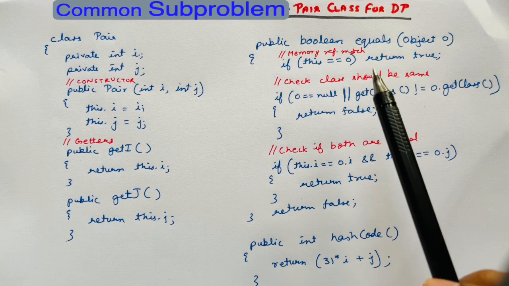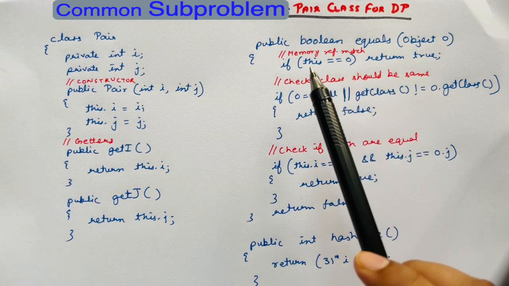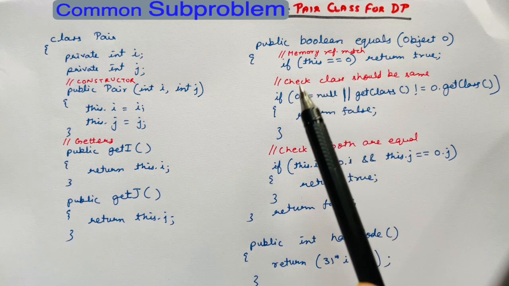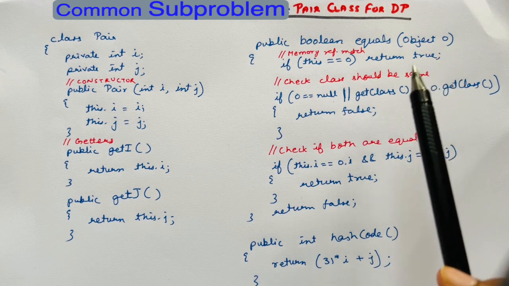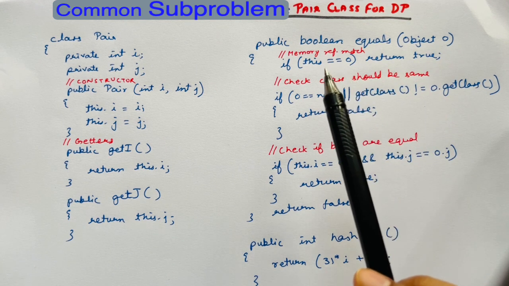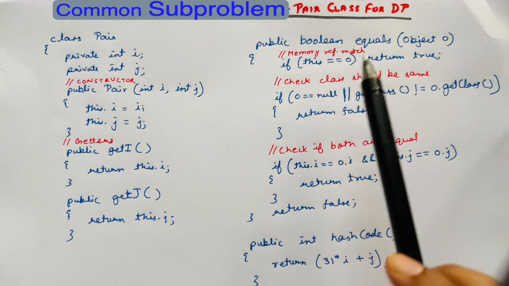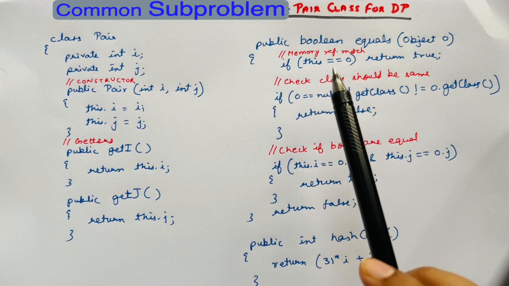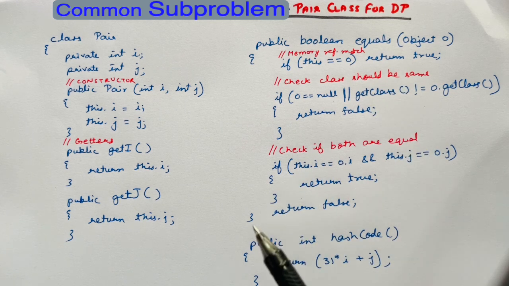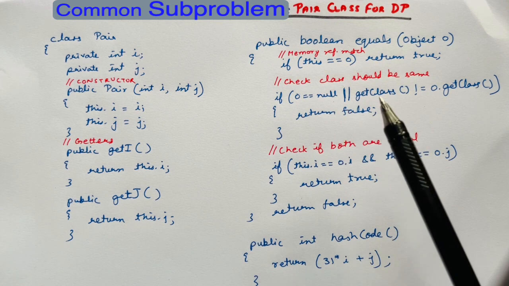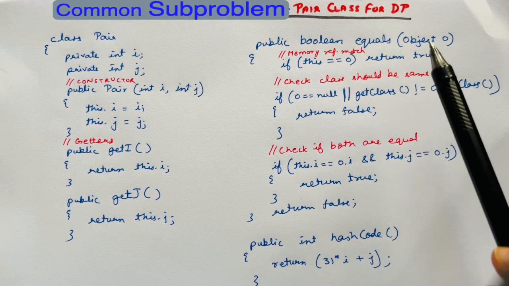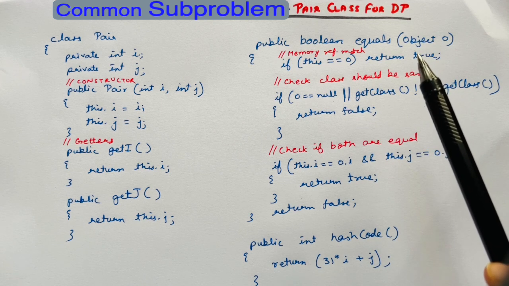In the equals method, first of all, we check if the memory references of the two objects match. Which two objects? This O that is passed as an argument and the object on which this equals method was called. So if this is equal to O, we return true. Then we check if at least the class of the two objects is the same. Note that the input here is of type object.